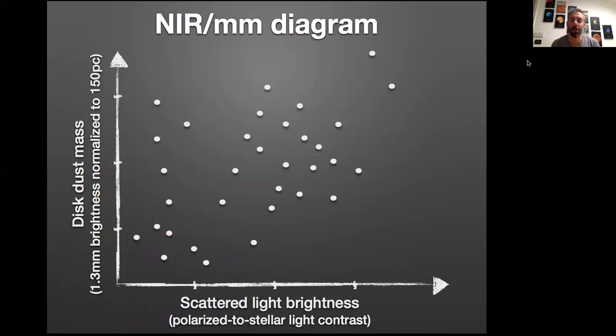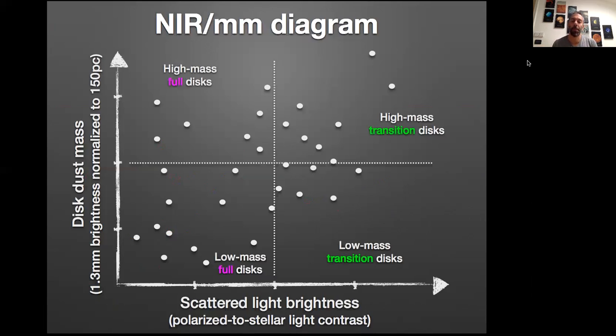I sometimes plot this near-infrared versus millimeter diagram, which is the brightness we have in the millimeter versus near-infrared. The millimeter brightness, as you can imagine, is a sort of proxy of the dust mass, whereas the scattered light brightness is telling you how much the outer disk is illuminated by the central star. This diagram naturally divides protoplanetary disks into different categories.